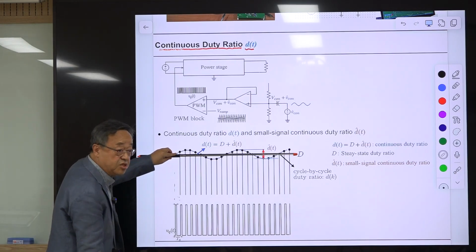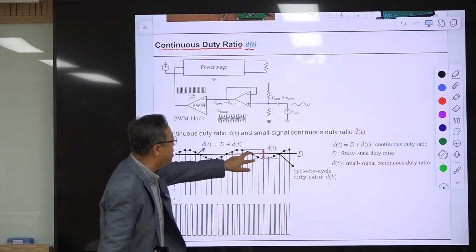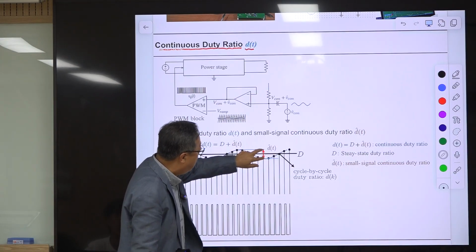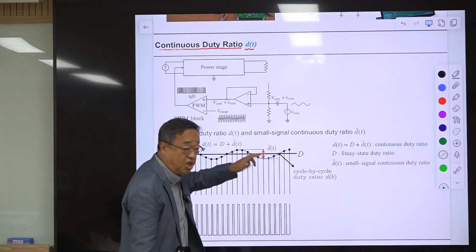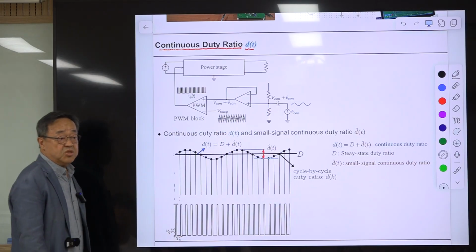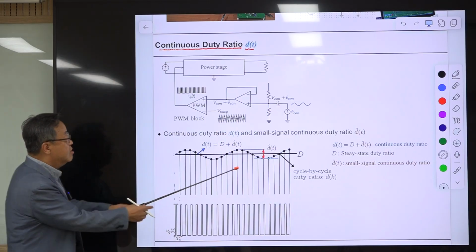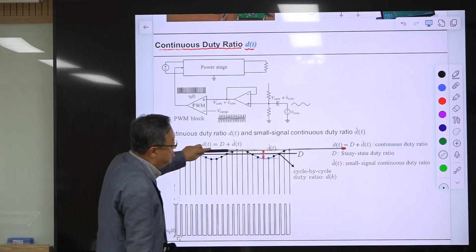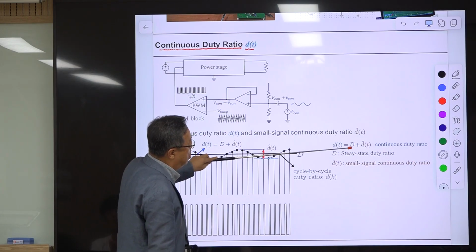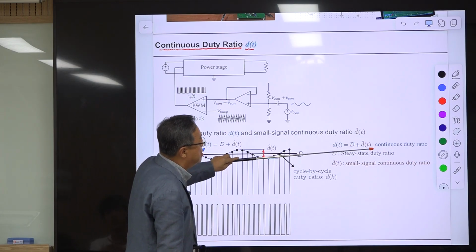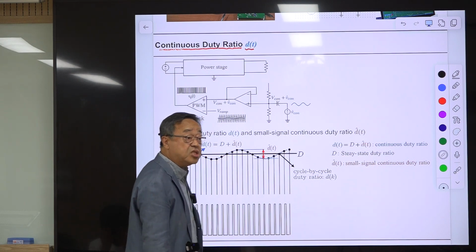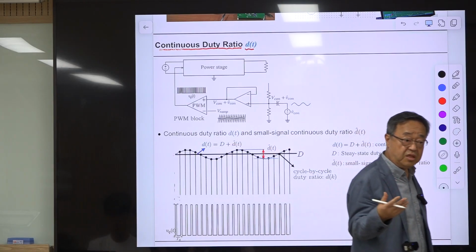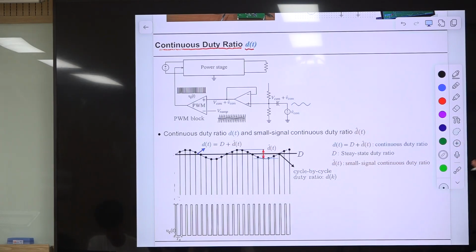The DC component is the steady state duty ratio D, and this time varying component, this red double-sided arrow, is d hat(t), which is the small signal continuous duty ratio. So d(t) is the sum of the steady state duty ratio D and this small signal continuous duty ratio d hat. This is the AC component of the switch drive signal, conceptually understood in this manner.